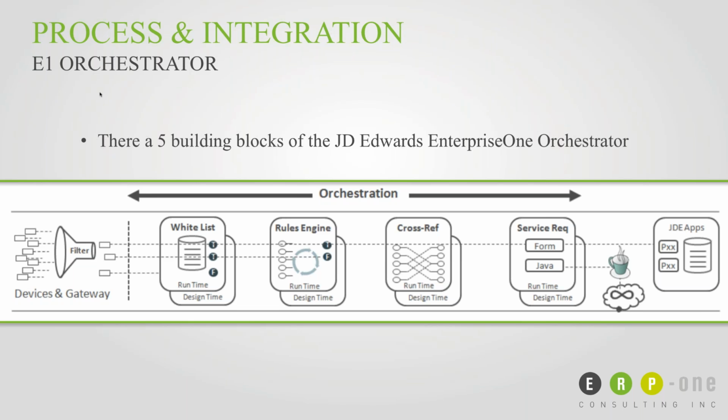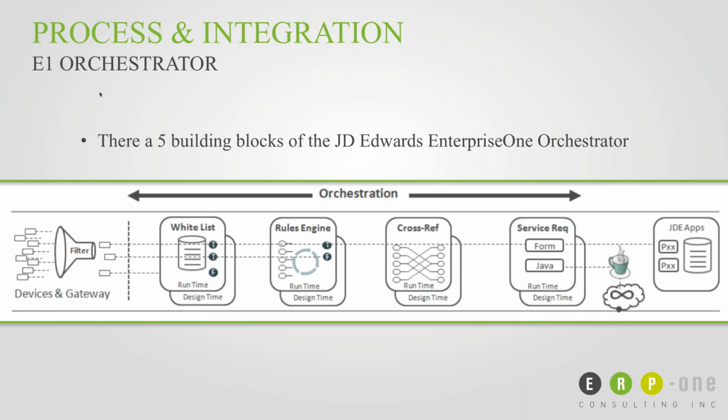When you listen to that, it sounds very similar to what we've talked about before, except this device is not a person with a phone in their hand working on a mobile device, or someone sitting at a portal screen, typing away. Instead, it's a small device doing a particular activity for a human being in their place, typically. So these tools are there to enable those devices to talk to JD Edwards.